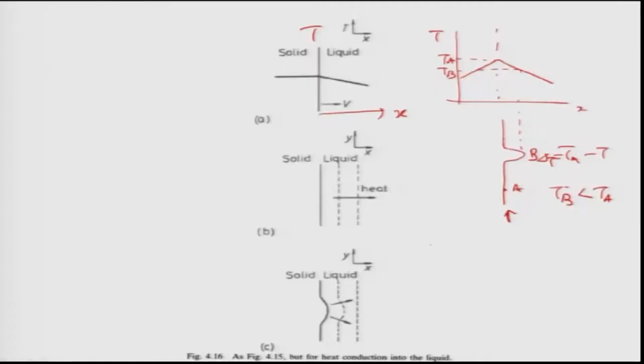Suppose I draw a simple picture, where I have two protrusions created, and this is point B, this is also point B. Let us suppose this is a point B prime, and this is point A, and if I draw a vertical line, this is point C. Now what will happen?